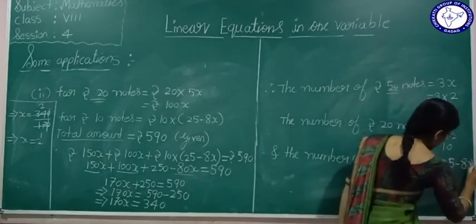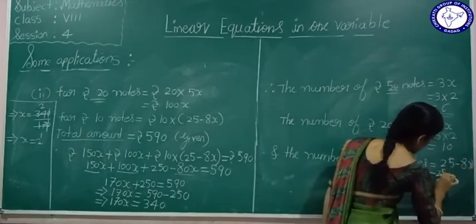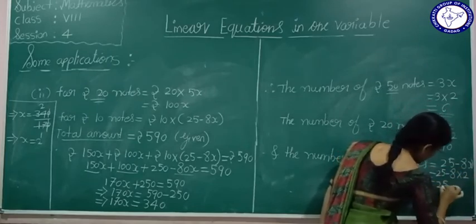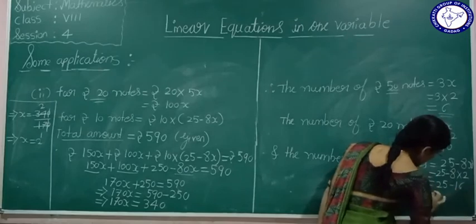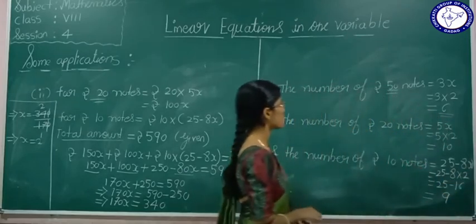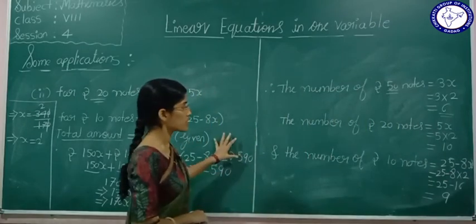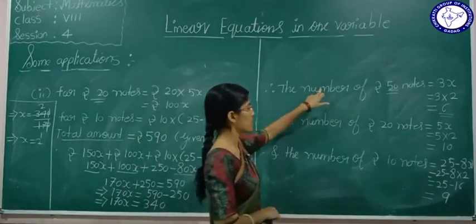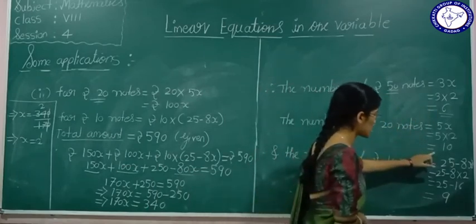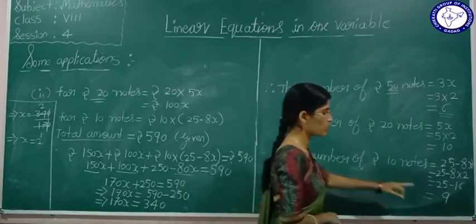Yes or no? So that will be 25 minus 8 multiplied by 2. 25 minus 8 twos are 16. What is 25 minus 16? It is 9. Means she has 50 rupee notes: 6, 20 rupee notes: 10 and 10 rupee notes: 9.